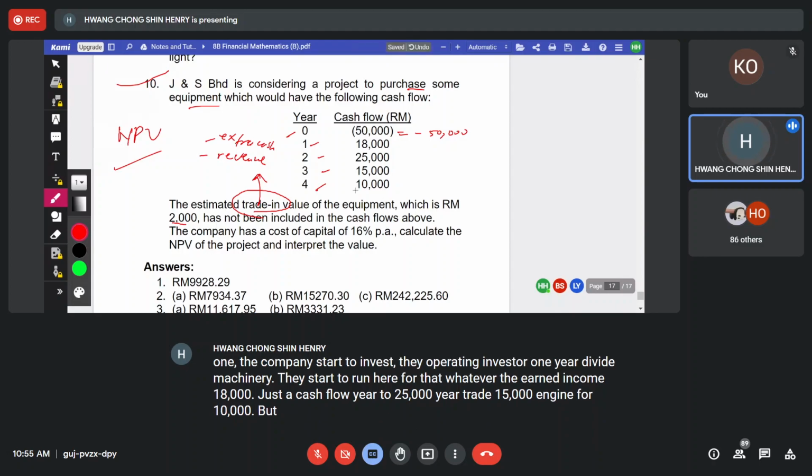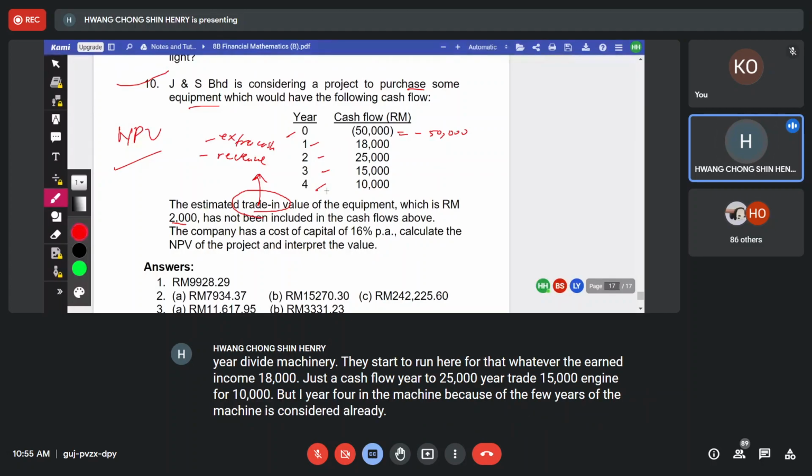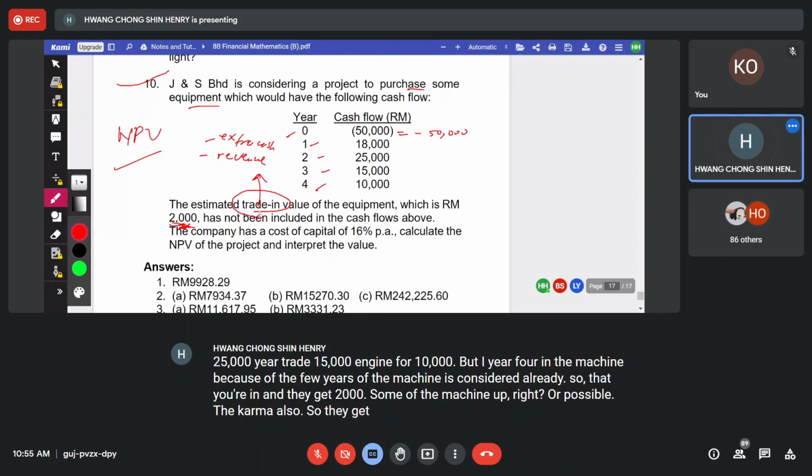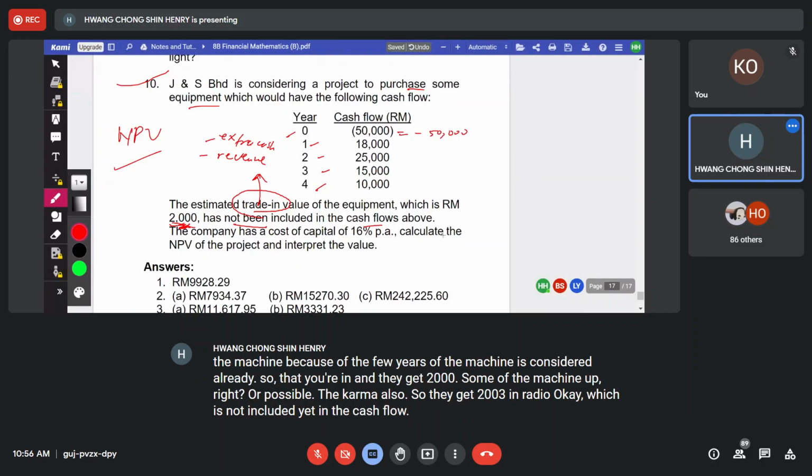But by year 4, they trade in the machine because after a few years, the machine is considered old already. So they trade in and they get 2,000 for the machine, which is not included yet in the cash flow. So by year 4, this one has to be added in.